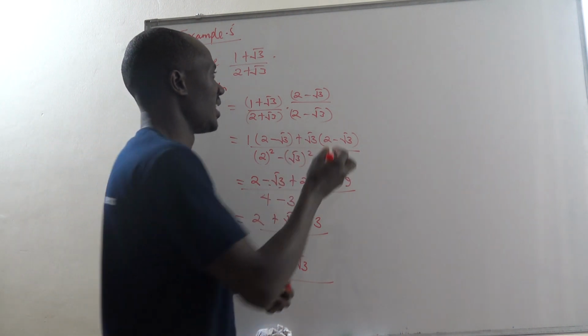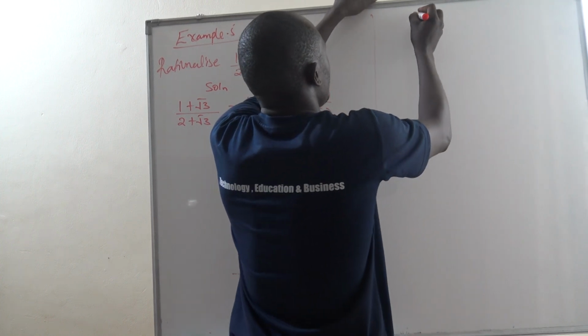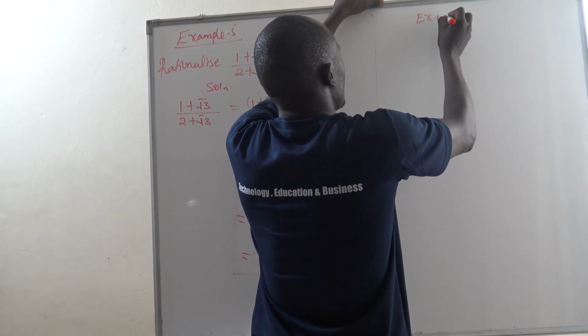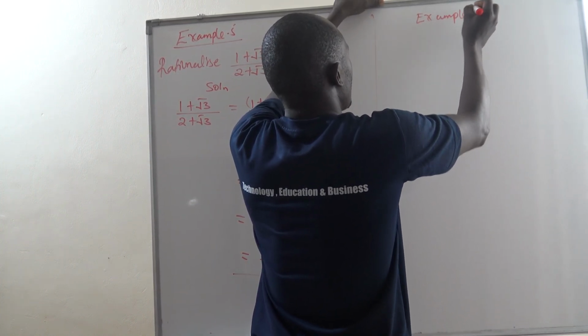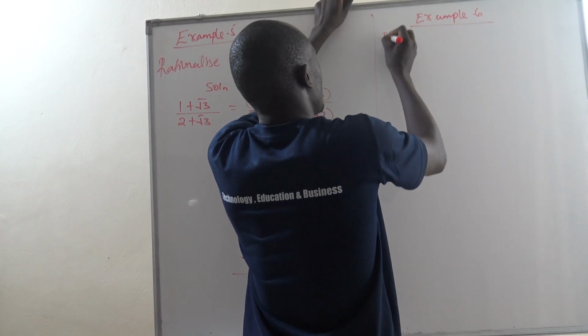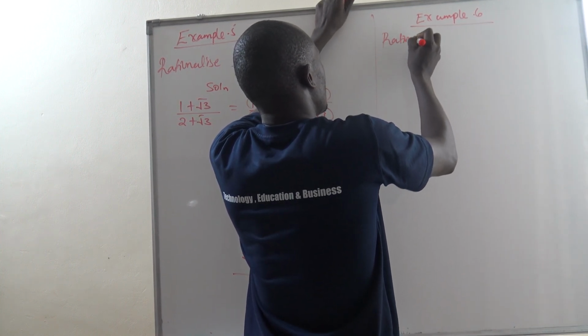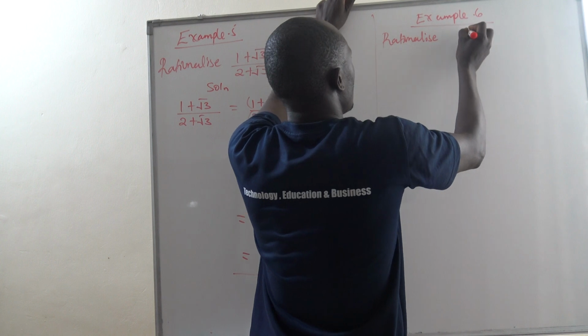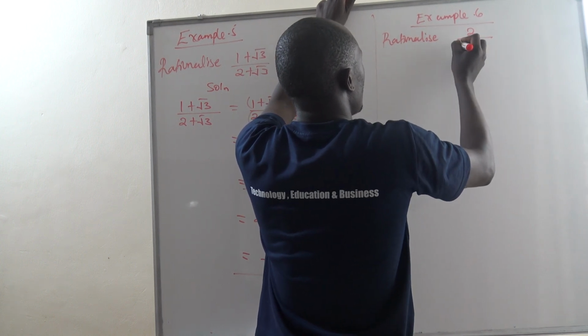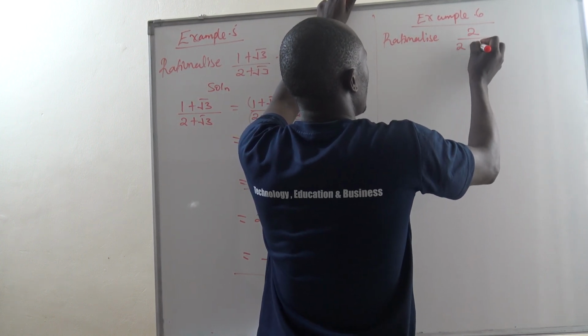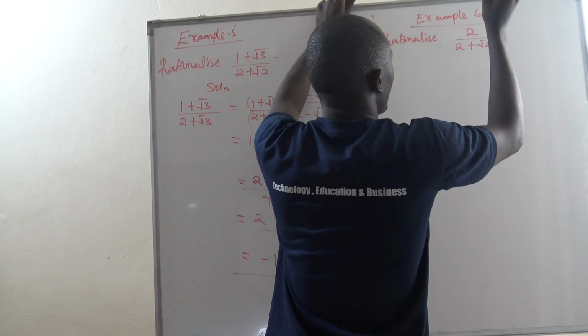So let's look at another example, example 6. Example 6, saying rationalize 2 all over (2 plus root 2).